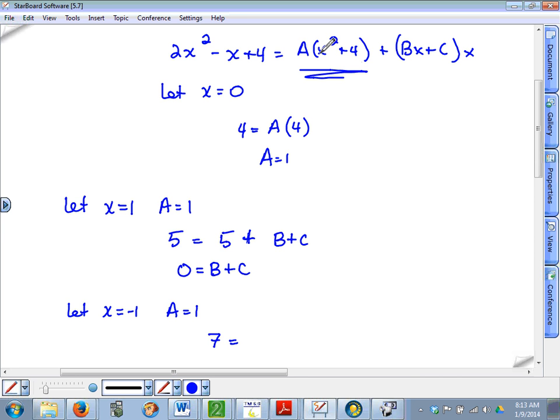Anyway, let's see. A equals 1. We let X equal negative 1. Negative 1 squared is 1 plus 4. So that term is still 5 right there.